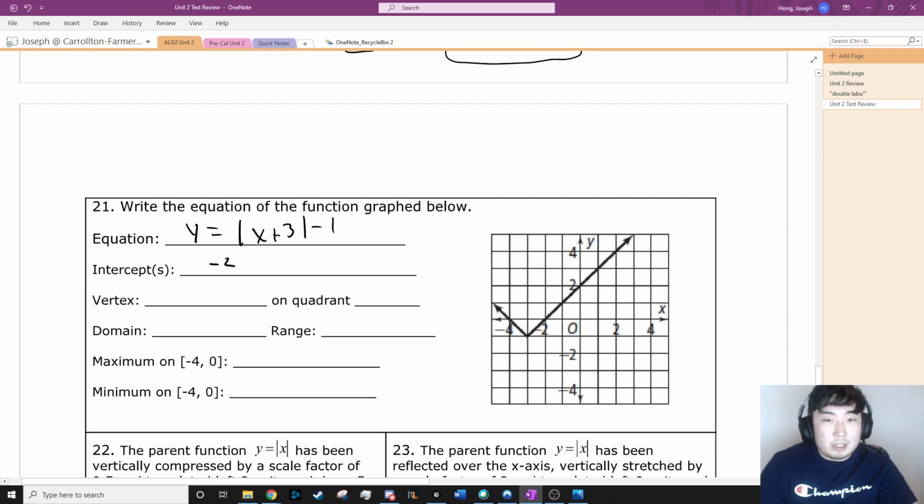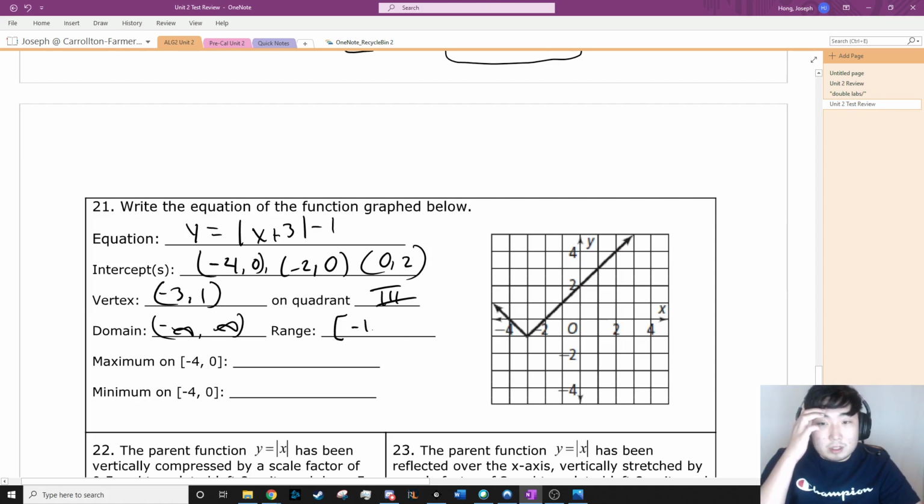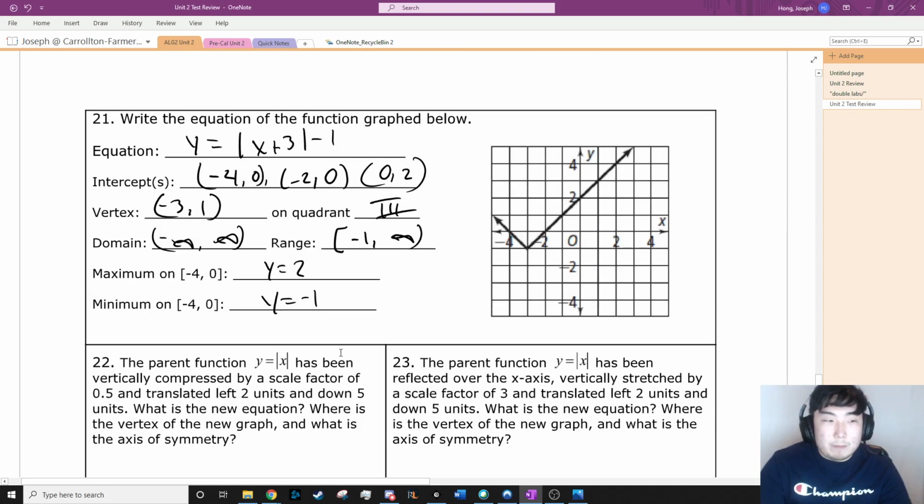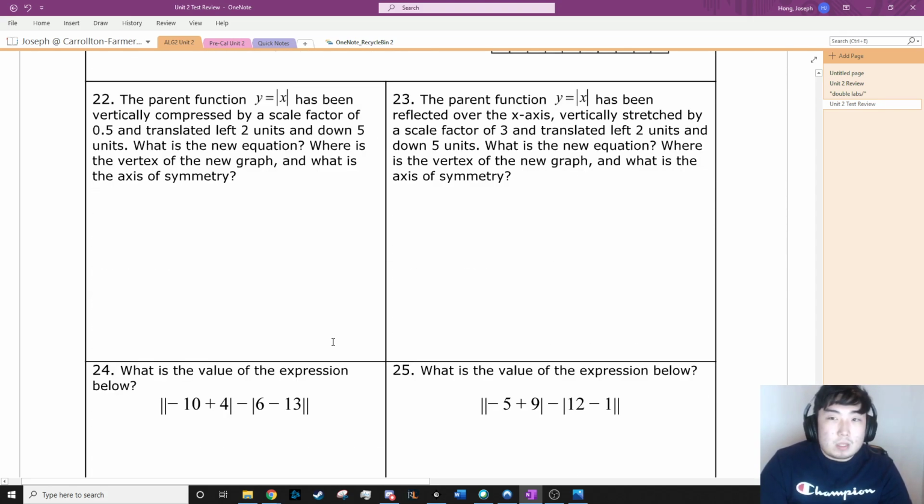The intercepts are -4, 0, -2, 0, 0, 2. The vertex is -3, -1 in quadrant 3. The domain is all real numbers. The range is -1 to infinity. This is y equals 2, and this is y equals -1. Okay. So this is more practice.